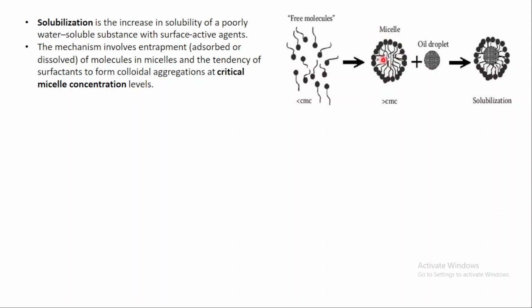Now we will add this micelle to this oil droplet, which will cause the oil droplet to solubilize in water. So that is the process of increasing the solubilization of this oil droplet with the help of micelles. This process is called solubilization of any substance. Here the substance is an oil droplet. We are increasing the solubility of the oil droplet in water.